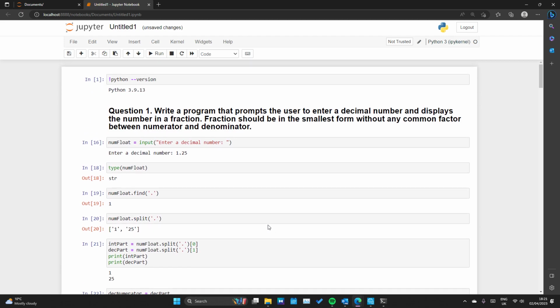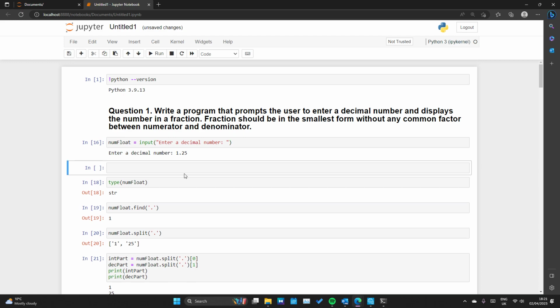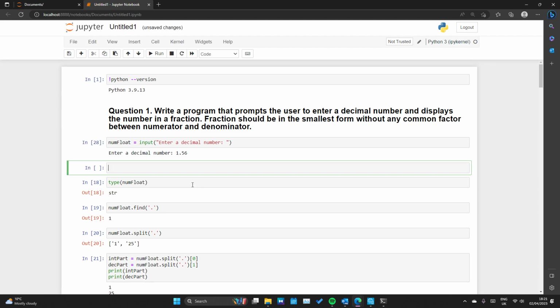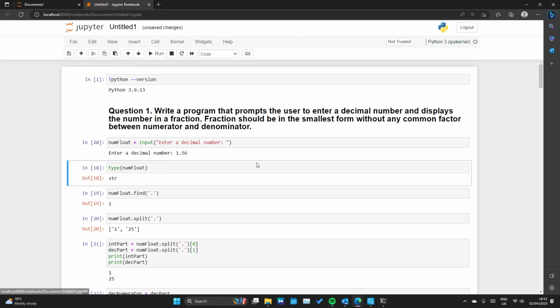Okay, I'm going to take another example which might be a bit more complicated. So let's say I will run this code again, and I'm gonna put something like 1.56. Okay, so that looks a bit complicated. Again we can verify it's a string. We will find where the decimal occurs.